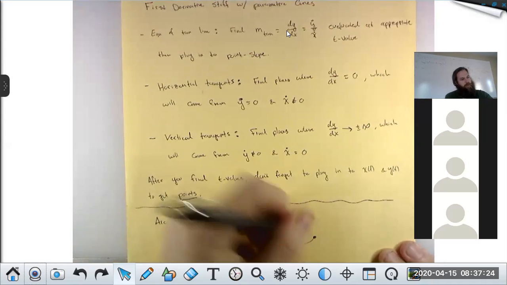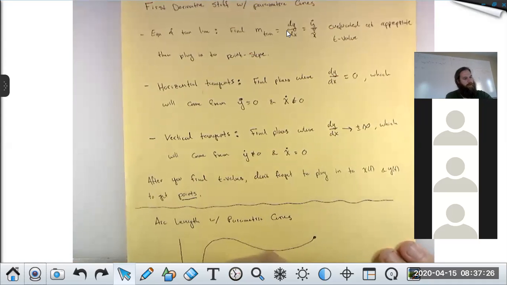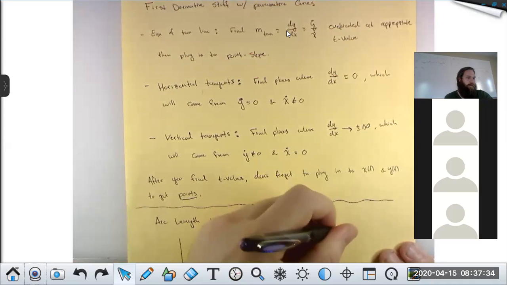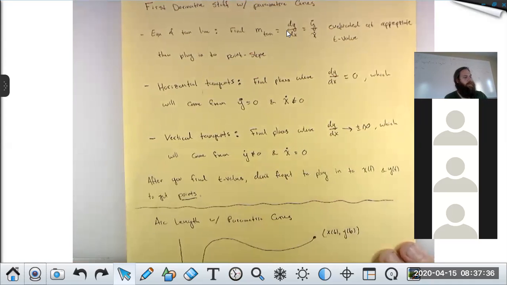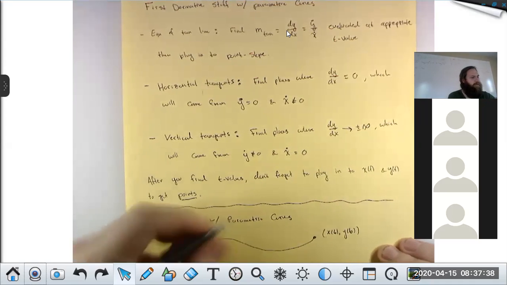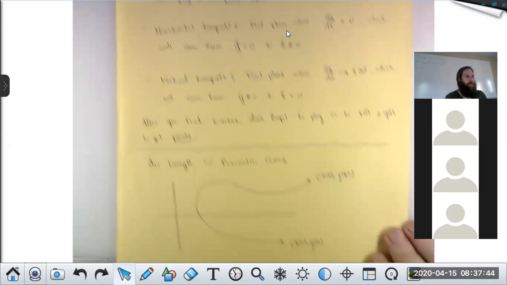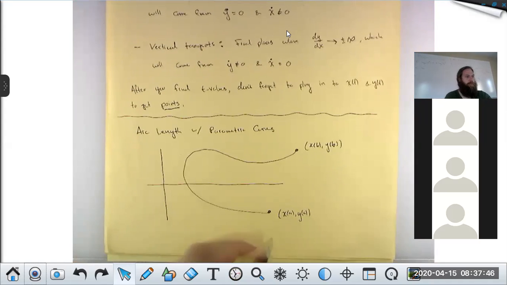So maybe I have a parametric curve here. Starting point, ending point. I would like to know what is the total length of this curve. If I think of this curve as like a rope, and I wanted to pick this rope up off the page and stretch it out and measure how long it is. How can I do that?